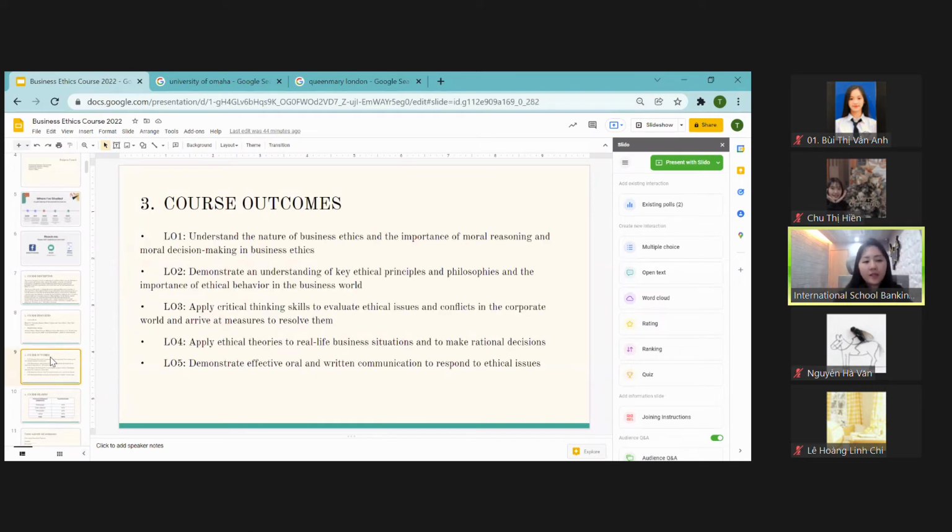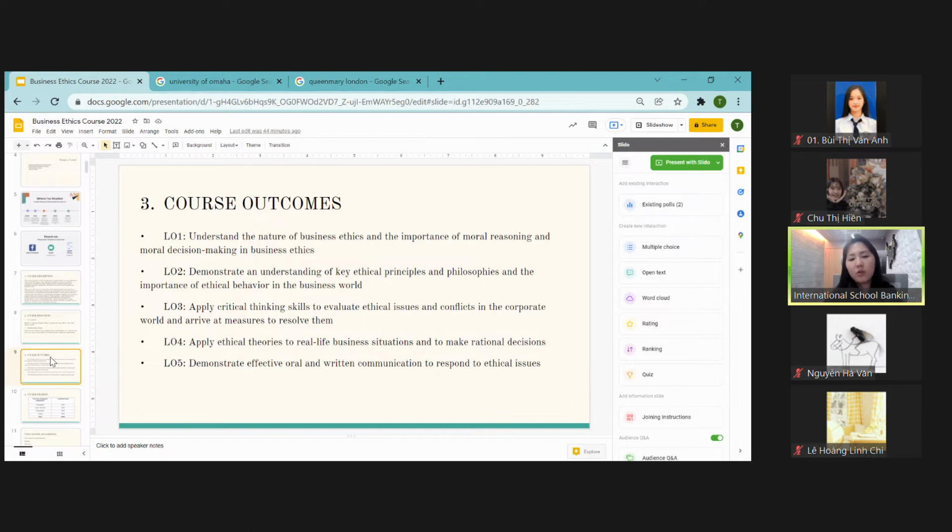Next, we have some outcomes. Okay, so we are going to achieve several objectives through studying this course. The first one would be, after studying this course, you will be able to understand the nature of business ethics and the importance of moral reasoning and moral decision making in business ethics.